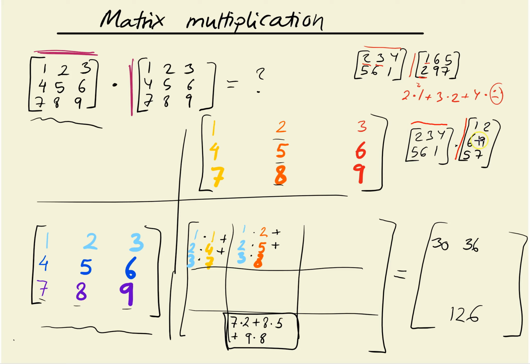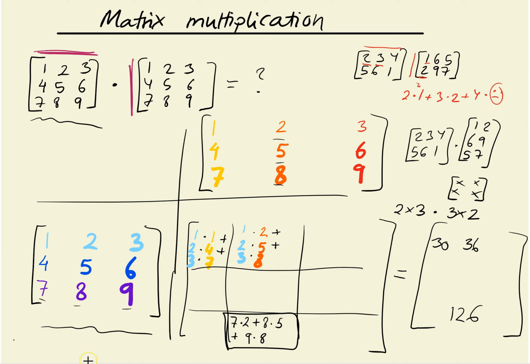And the result would be a 2 by 2 matrix. I won't calculate the numbers, and that's because when you multiply a 2 by 3 matrix by a 3 by 2 matrix, sorry, this should be across here.